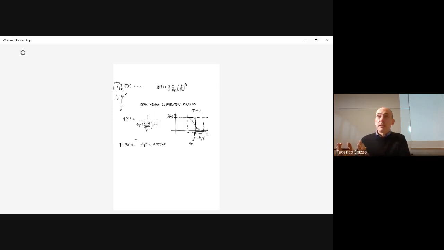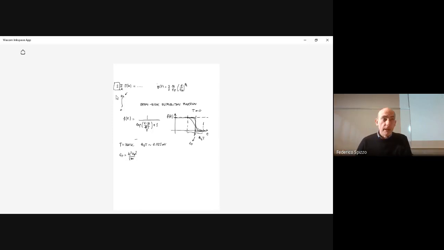Now, what is the value of EF? EF is equal to h bar squared kF squared divided by twice the mass of the electron. kF is related to the electronic density, and yesterday we saw that kF is of the order of 10 to the 9 meters to the minus 1.